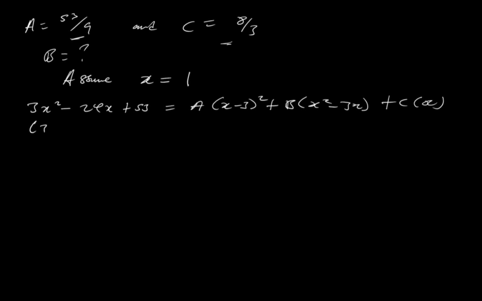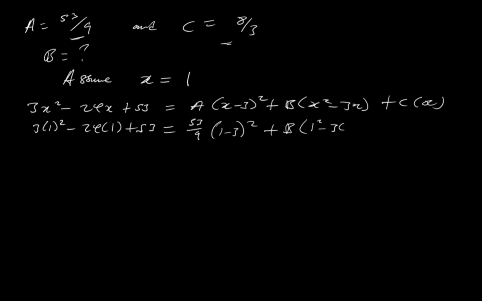So you have 3 times 1 squared, because 1 is a bit easier to use in this case, minus 24 times 1, plus 53 is equal to the value of a, which was 53 over 9, times (1 minus 3) squared, plus the value of b, we don't know, times (1 squared minus 3 times 1), plus the value of c, which is 8 over 3 times 1.